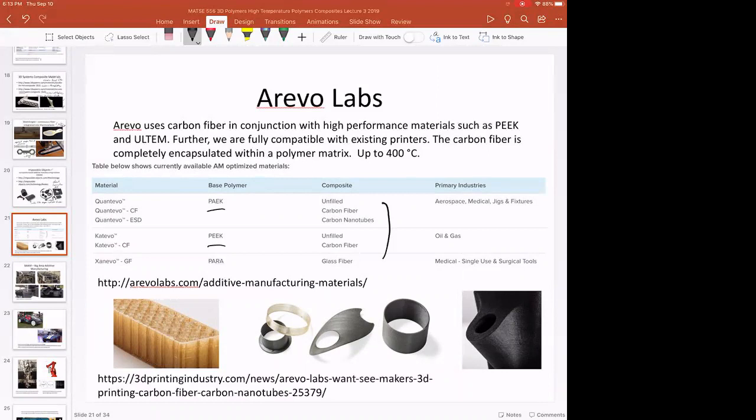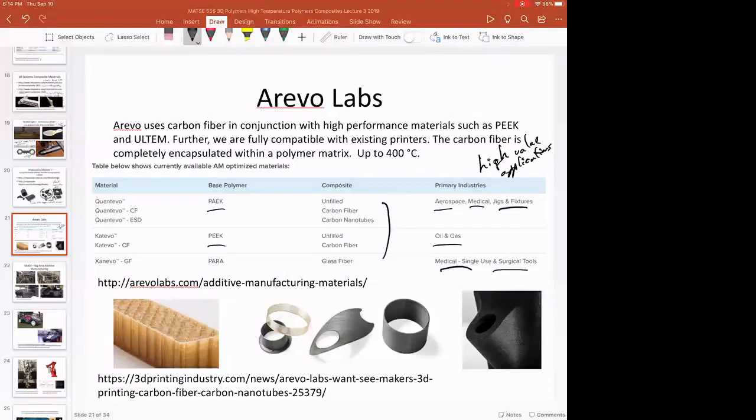And we'll talk more about the details of composites, but this is one of the companies that's trying to bring composite materials AM to oil and gas, aerospace, and medical, high-end jigs and fixtures, surgical tools. So these are all high value applications where you can really justify the use of AM and justify these exotic materials.